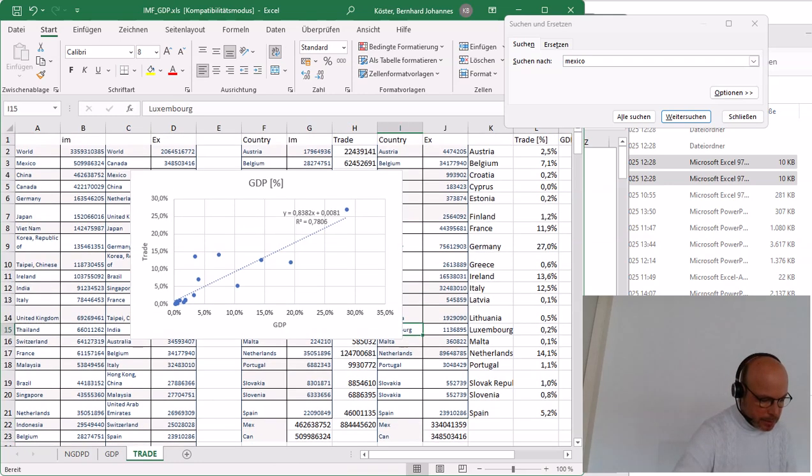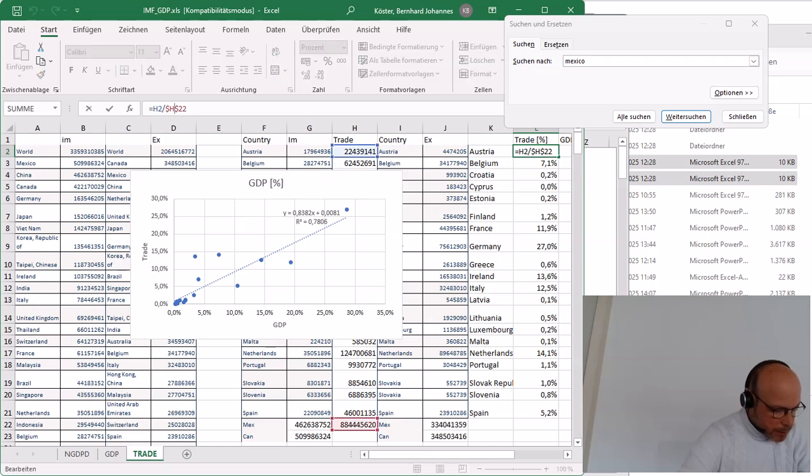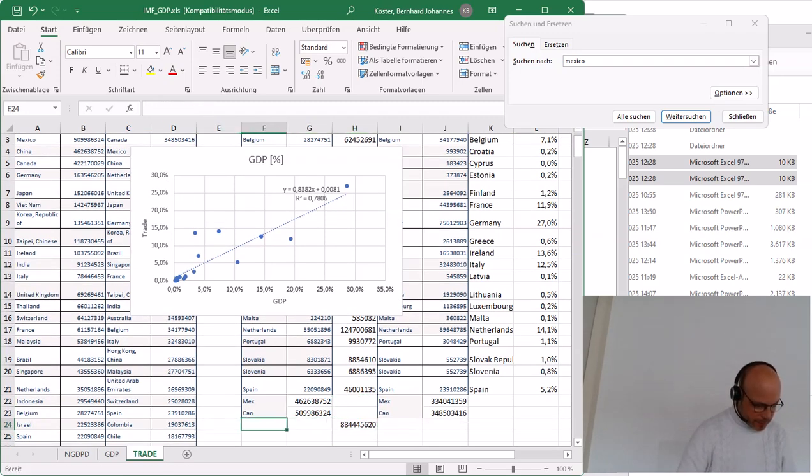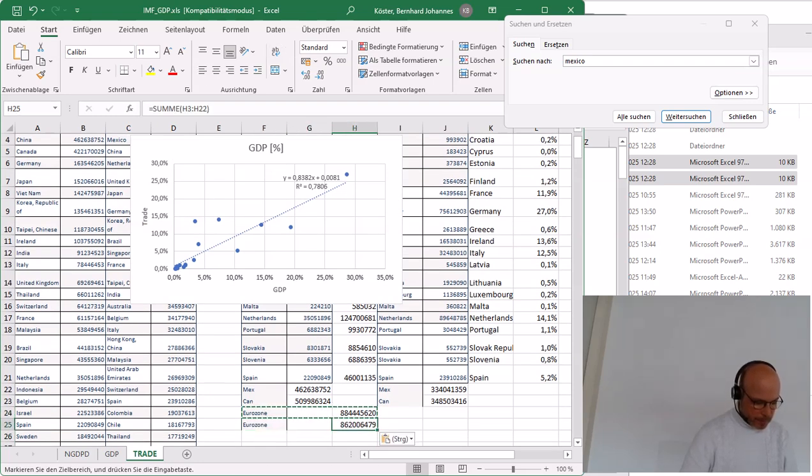And now we want, this was H2, overall trade is, this was the sum of Eurozone, up, no, this is not right.